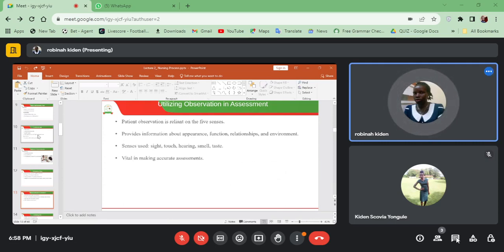Then also we can touch the patient during examination to feel for the temperature and other things. Then hearing, we hear the way the patient is talking, the way the patient is breathing, and many other things. Then smell, this is the most important. Smell around the environment, this will tell you a lot.